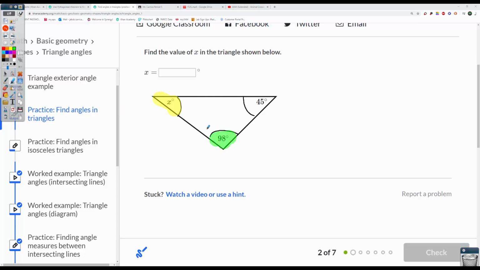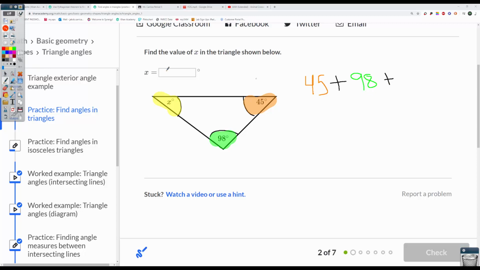Okay, so I know when I add all three of these angles together, it's going to total 180 degrees. So 45 plus 98 plus x, right?